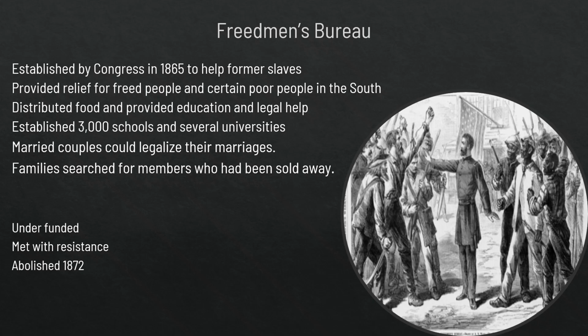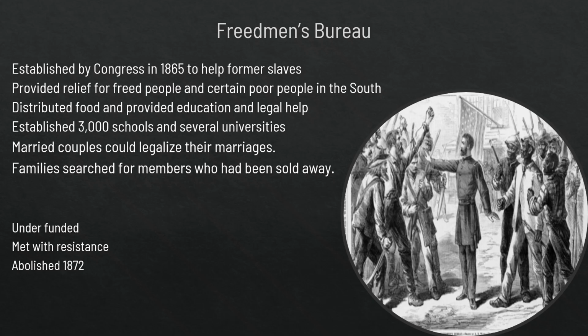All right, so let's talk about the Freedmen's Bureau. It's established in 1865, and like I said, it was this vital agency to really help assist the formerly enslaved people, and also the poor whites in the South during Reconstruction.